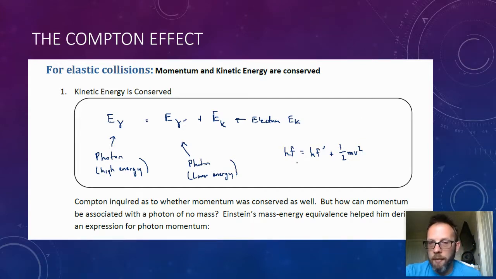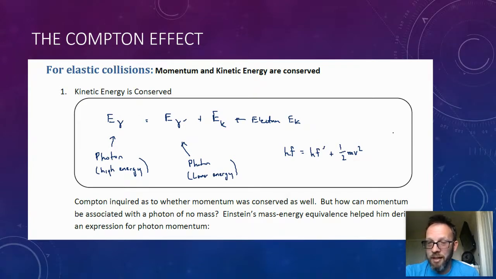And so if he knew the frequency of X-rays he was using before, and he could measure what kind of lower energy X-rays were coming off and measure the speeds of the electrons, and now we're into the 1900s, so it's a bit easier to do that. Not easy, but easier than it was in the 1800s. He could actually show that kinetic energy was conserved, and he did.